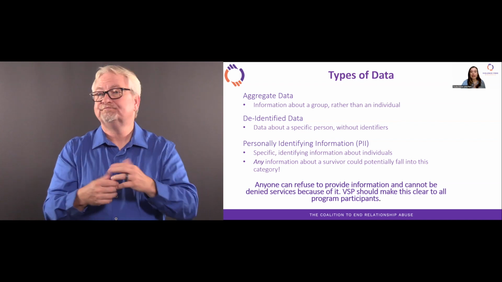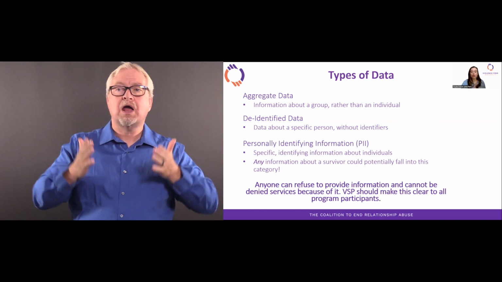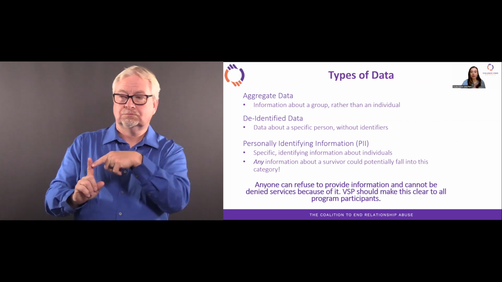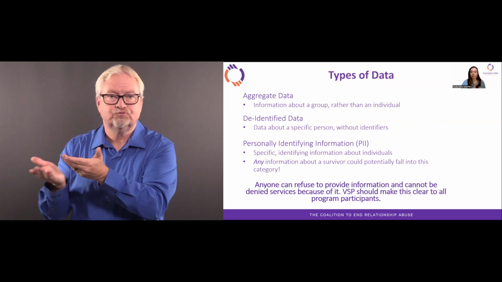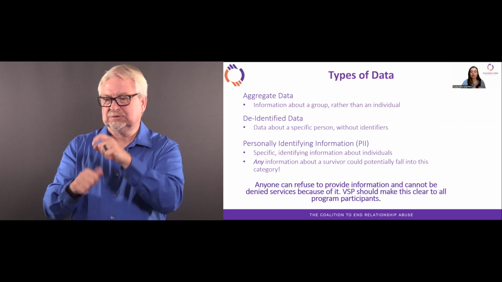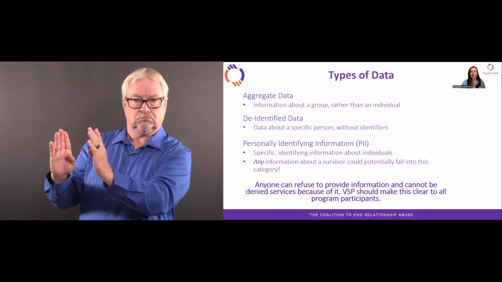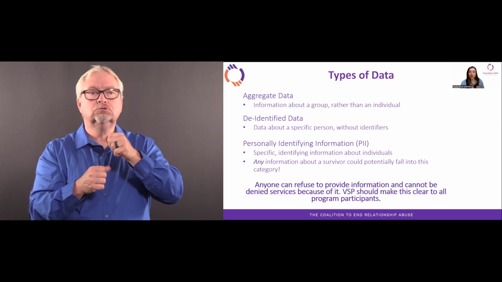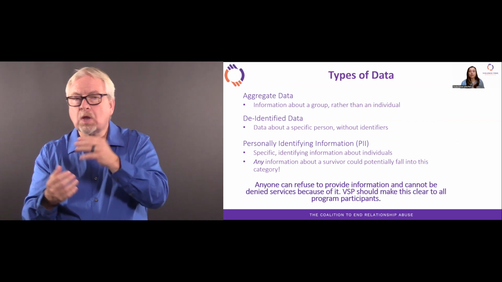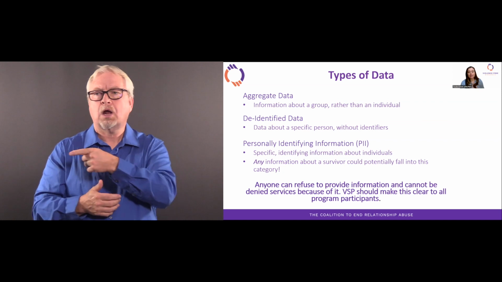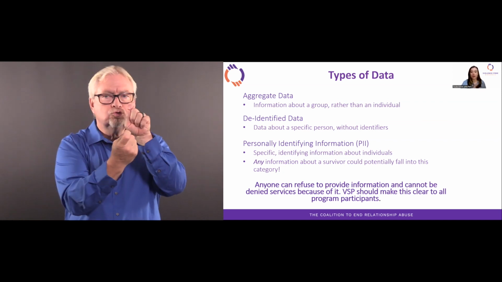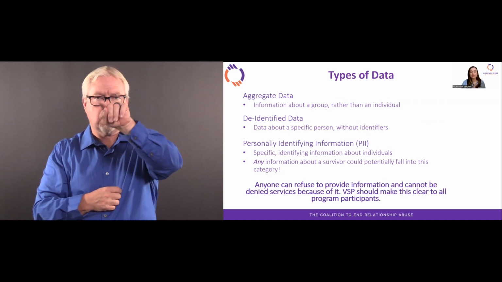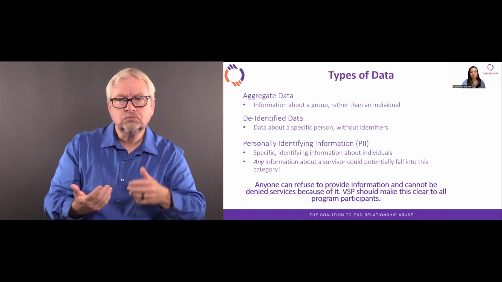For instance, an aggregate report could include the number of survivors that a victim service provider, or VSP, served during a particular time period, the percentage of those survivors who receive certain services, and the percentage of those survivors who fit into certain demographic categories.